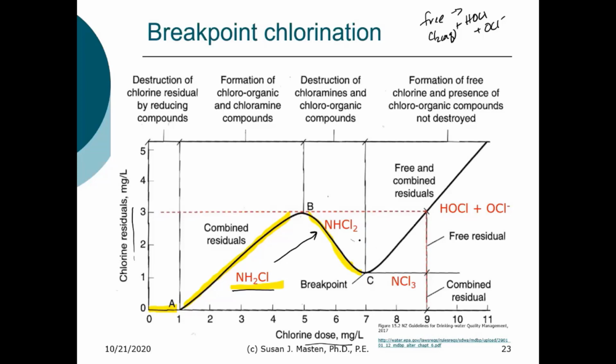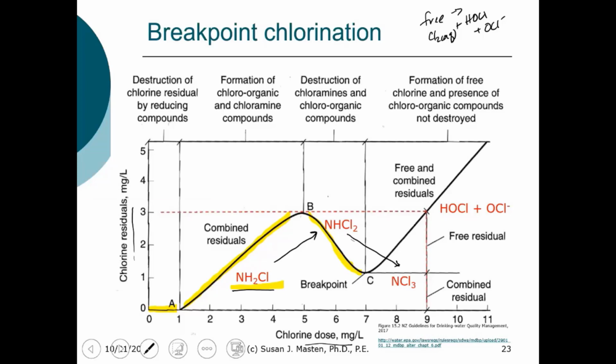We convert our dichloramine to trichloramine, but because we've consumed these reactive substances, we consume all of the ammonia, so we can't form any more chloramine.